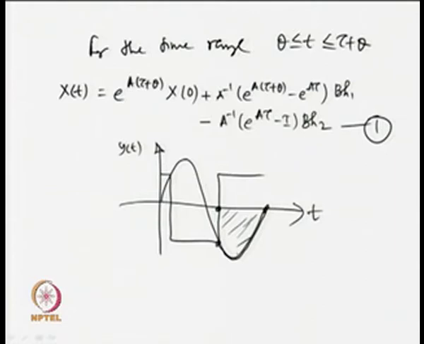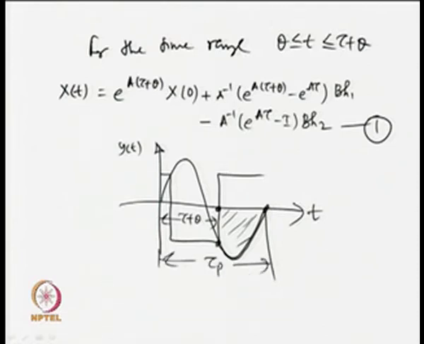Now, to find the state variable for the system for this time range, this is your tau plus theta. So, this span is now given as tau plus theta, whereas this is our tau p.